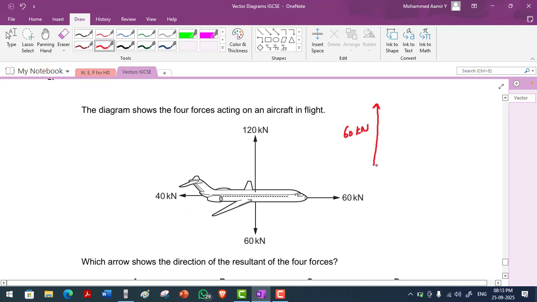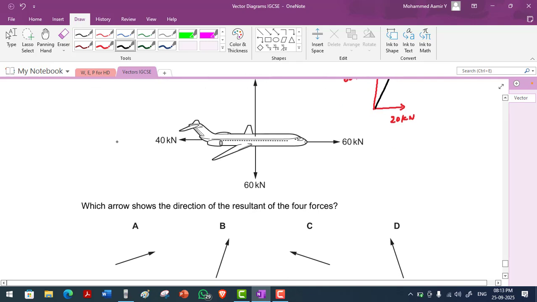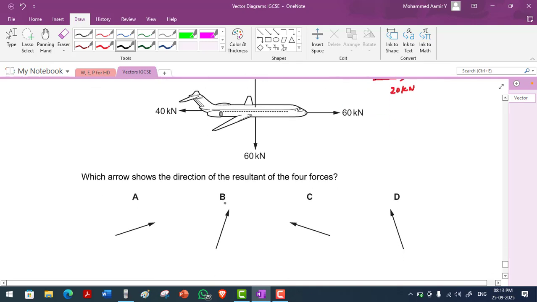Here 60 minus 40 will be just 20. So I can draw 20 like that. So if you see the result, it will be like that. So this arrow only I have to select. If you want the magnitude, then you will get root of 60 square plus 20 square. So B will be the perfect answer here.